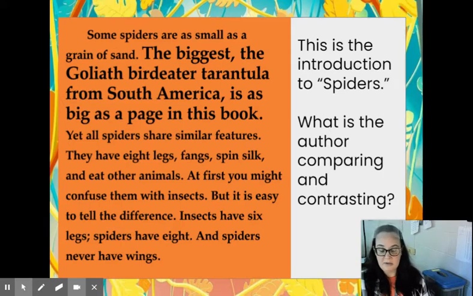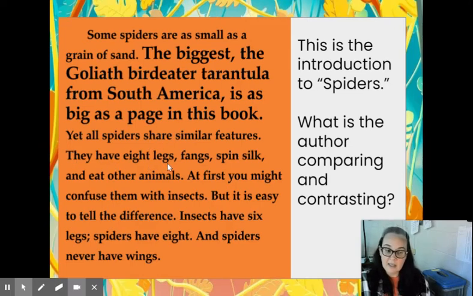Okay, this is what I noticed for comparing and contrasting for this paragraph. In the first sentence, the author starts out talking about how small some spiders can be, and then he talks about how big some spiders can be. Next, he talks about what the spiders all have in common. So the different sizes would be contrasting, to see what they have that's different, and then comparing, to see what they have that's similar, would be this next sentence.